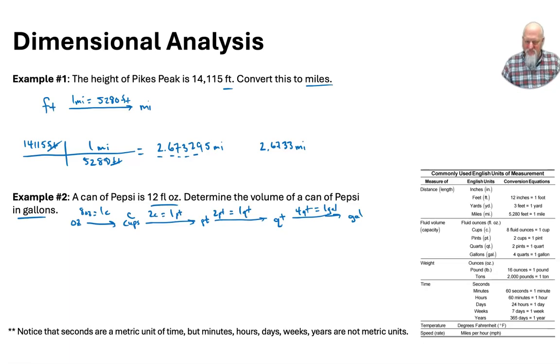Okay, start with what we've got, 12 ounces. It's fluid ounces, but I'm just putting ounces, times the first conversion I got, 8 ounces, because we want the ounces to cancel, is 1 cup, ounces cancel, times. We're going cups to pints, so 2 cups, 1 pint, the cups cancel.